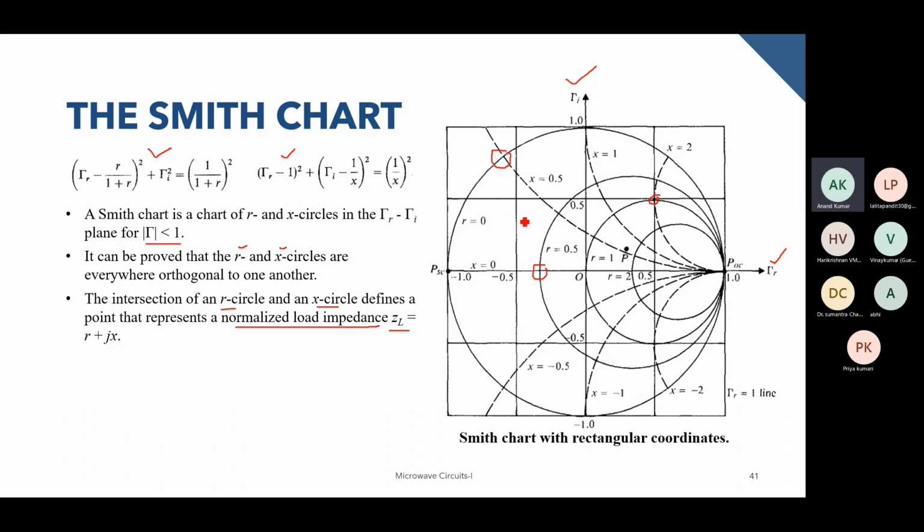At any point that you take, for example, this particular point P over here, you will have an X circle something like this going about, and you will also have an R circle something like this.